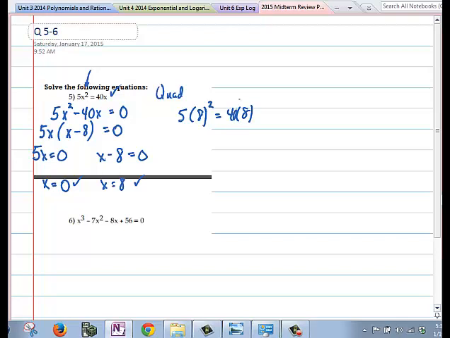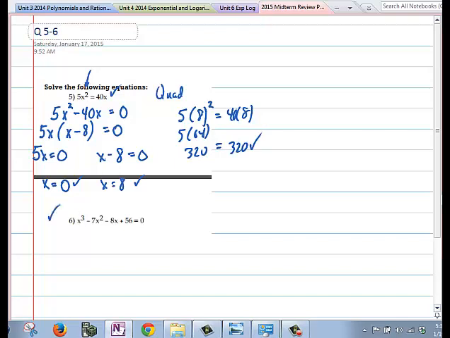Yes, it would, because this is 5 times 64, and that gives you 320. And then 40 times 8, if you remember 4 times 8 is 320, and then an extra 0, so it does check out and work. And if you plug 0 in, you would clearly see that 0 works for this one.